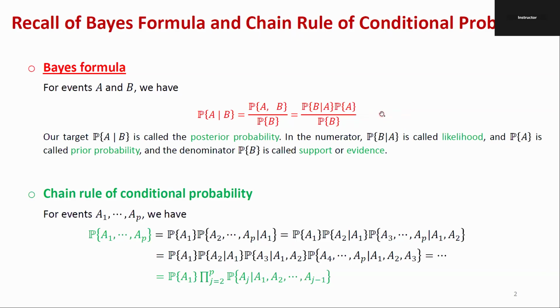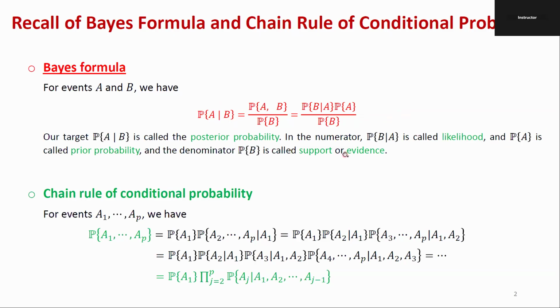I know many people may be confused, or may not quite understand. This is just a formula, beautiful, but so what? What's the meaning? The very important thing is that B is something we observed, and I want to know, given that B appeared, what is going to happen to A?